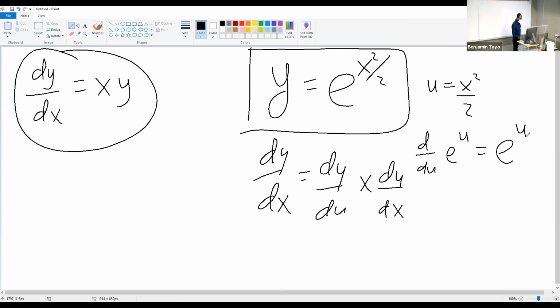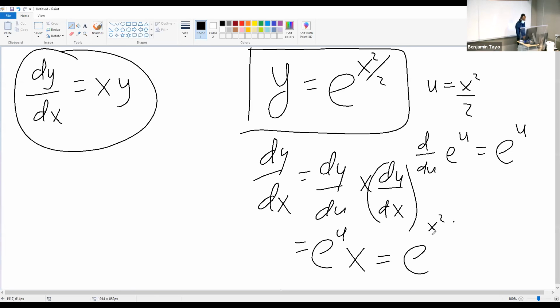So notice that this is just going to be equals to e to the power u times du by dx, which is just x. And again, this is just e to the power x squared over 2 times x. Now again, you see that this is the same as y times x.